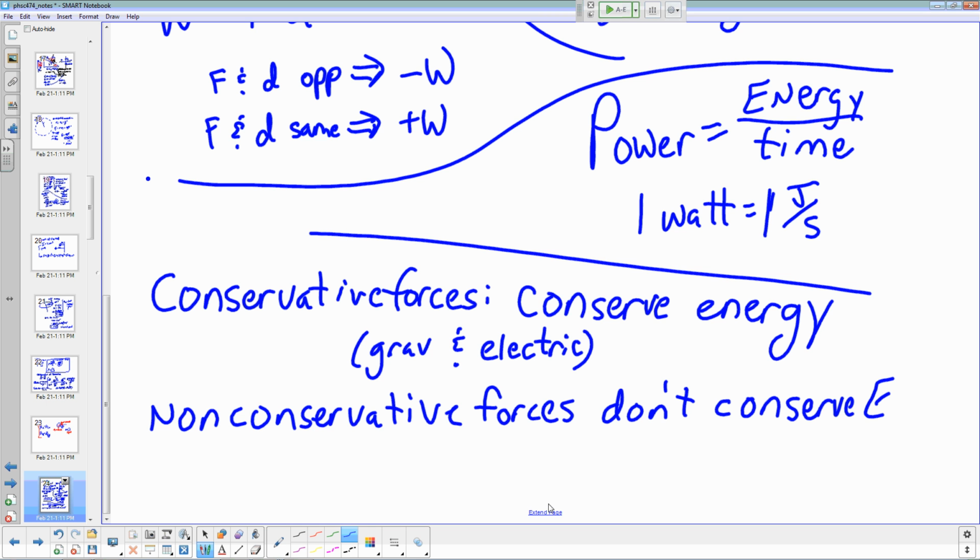A big common example is friction. Friction will do work on an object that will slow it down, actually cause it to lose energy. This energy is lost to heat, for example.